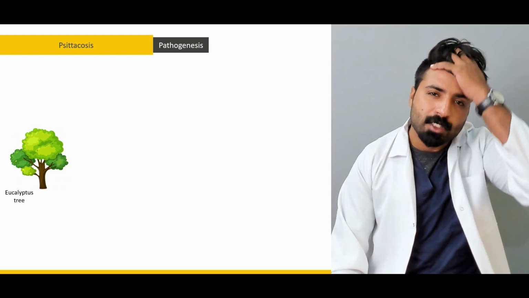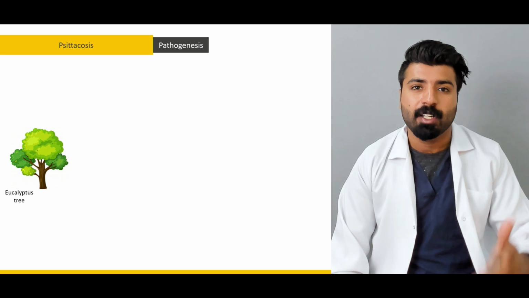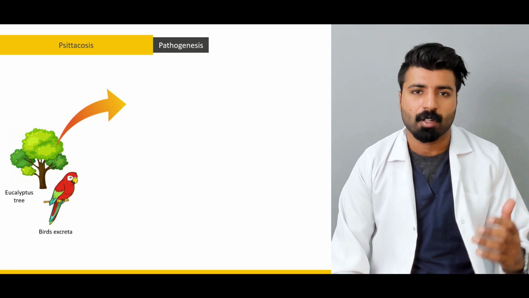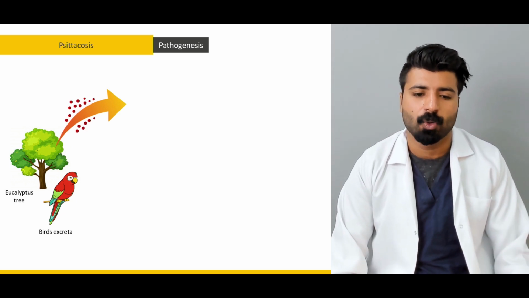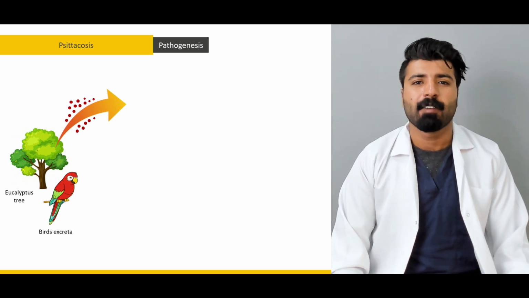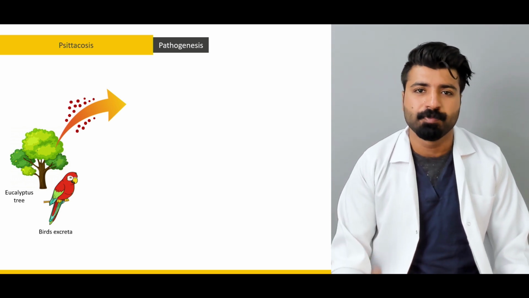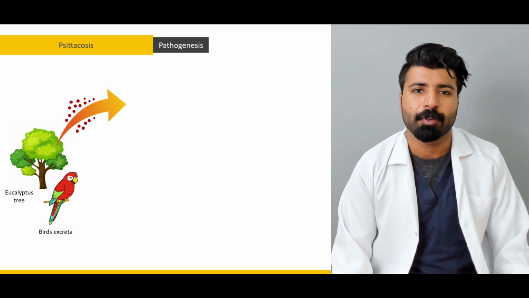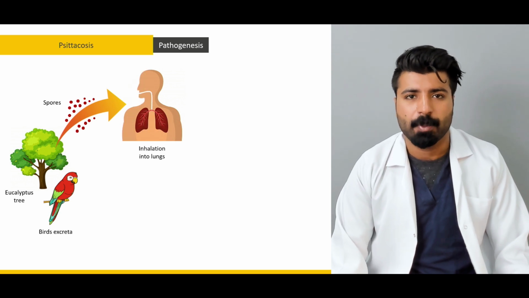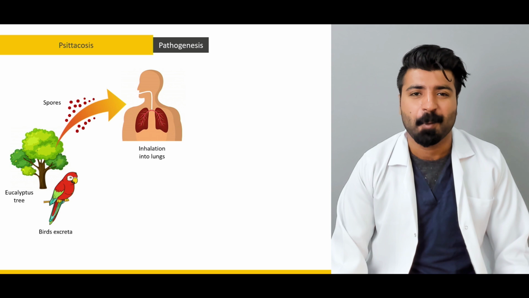So what happens in the pathogenesis of psittacosis? Eucalyptus tree is a basic cause of it because it sends off spores. Birds come and sit on those trees, and bird excreta is there. When the tree is contaminated with those feces and is shaken, or there's wind, high wind or small wind, these spores will travel to a person, and the person is going to inhale that.